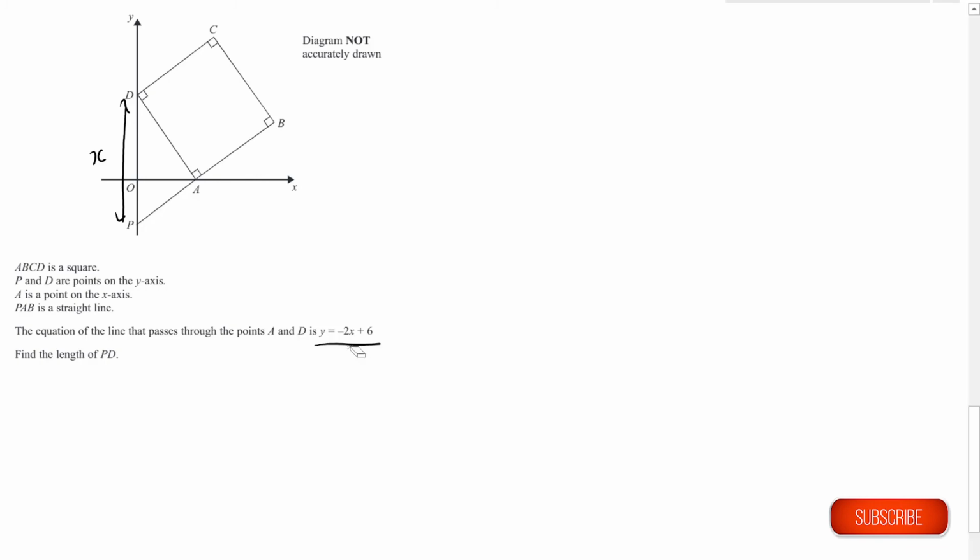So what we have to recognize is that this line here and this line here are actually perpendicular lines, okay? Now, something we know about perpendicular lines: parallel lines have the same gradient.